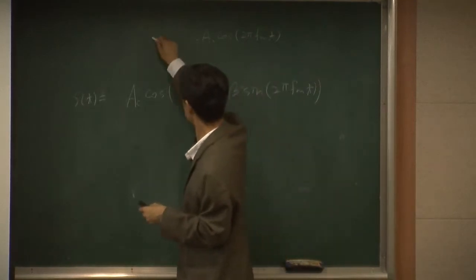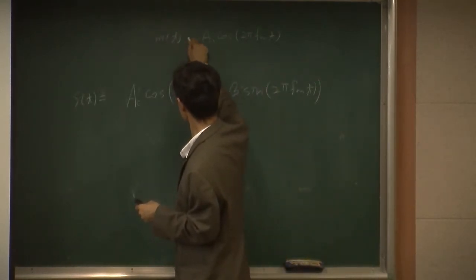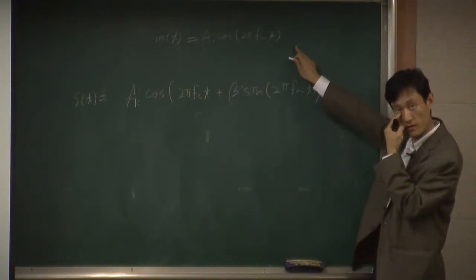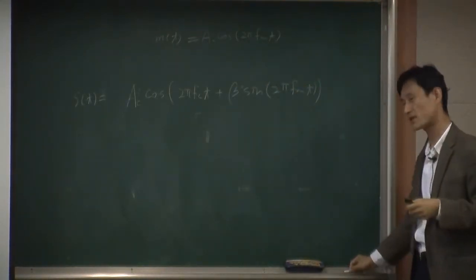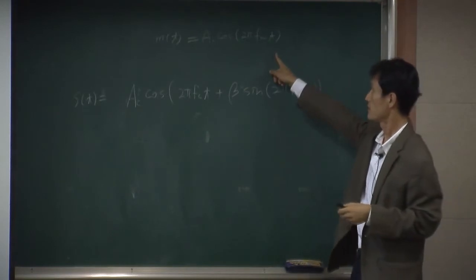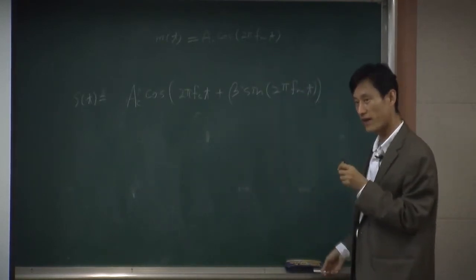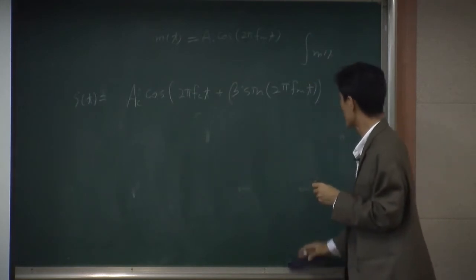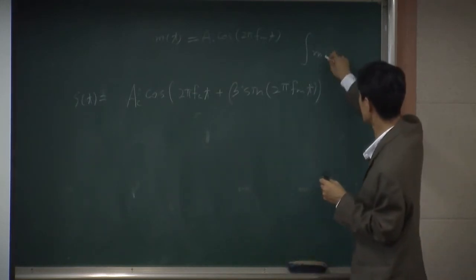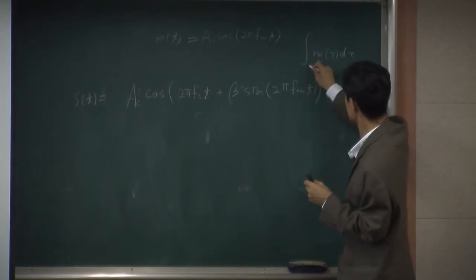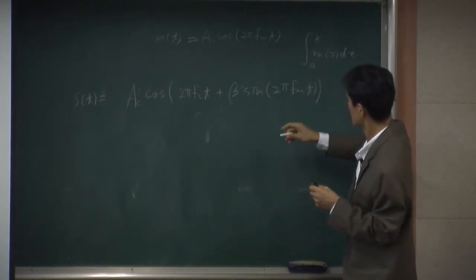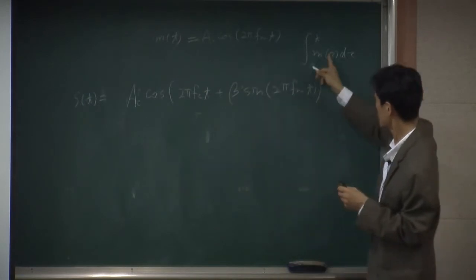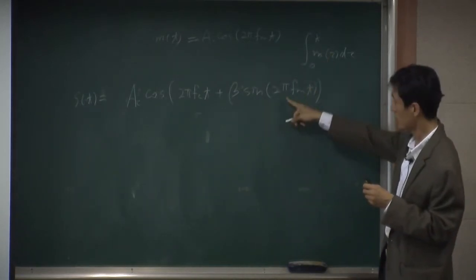And this was the example, where our message was this one. Still, we are using this one as our message. Our message is a cosine. So when you do the FM, the first thing is we need to do the integration like this. When you integrate this cosine, now you're going to get sine.